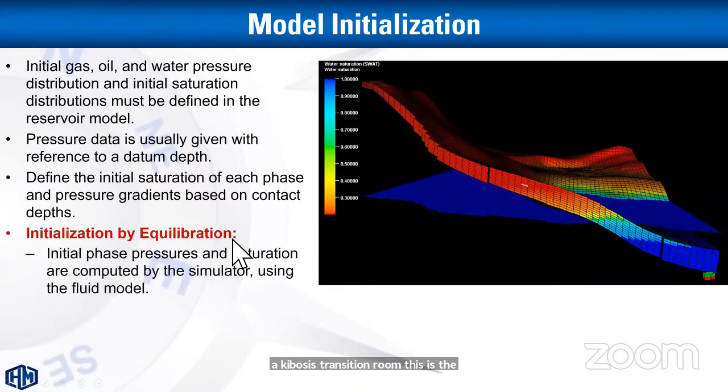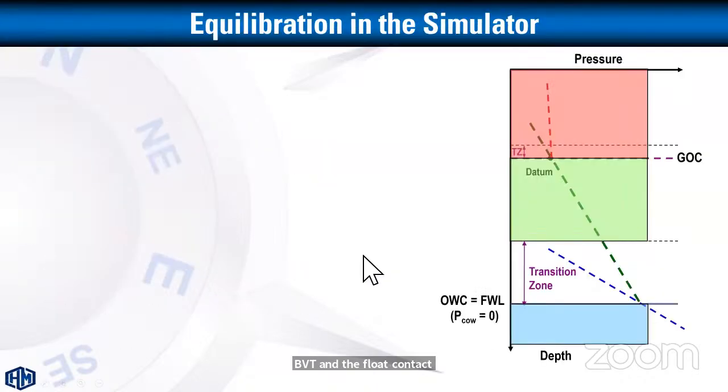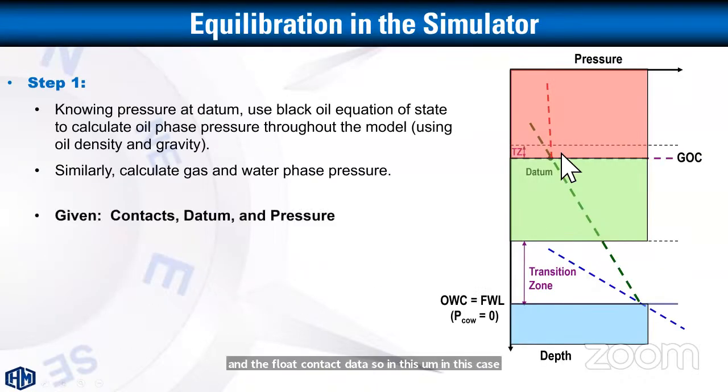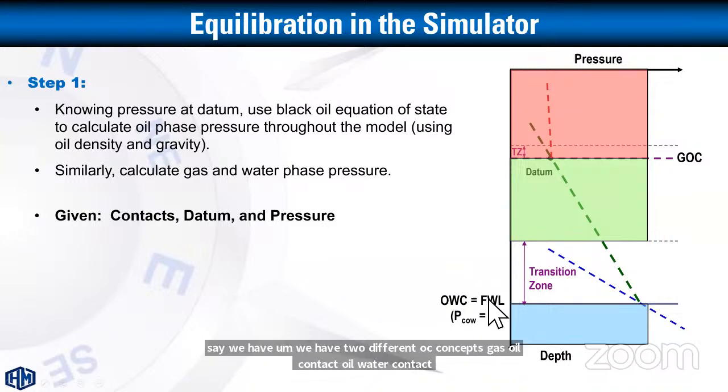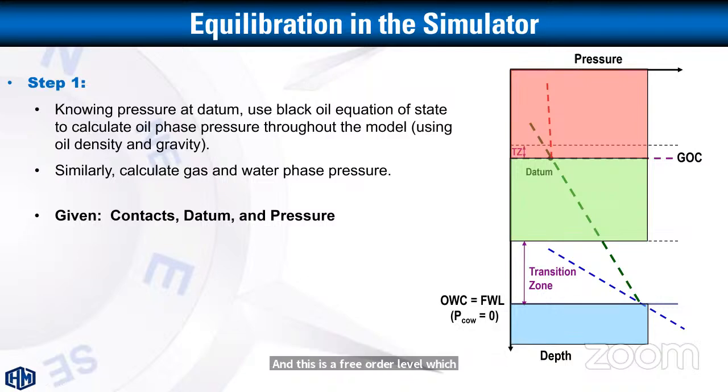So the commonly used approach for model initialization is the initialization by equilibration, or by using the PVT and the fluid contact data. So in this case, let's say we have two or three contacts: gas oil contact, oil water contact. And this is the free water level, which is the level at which the oil water capillary pressure equals 0.